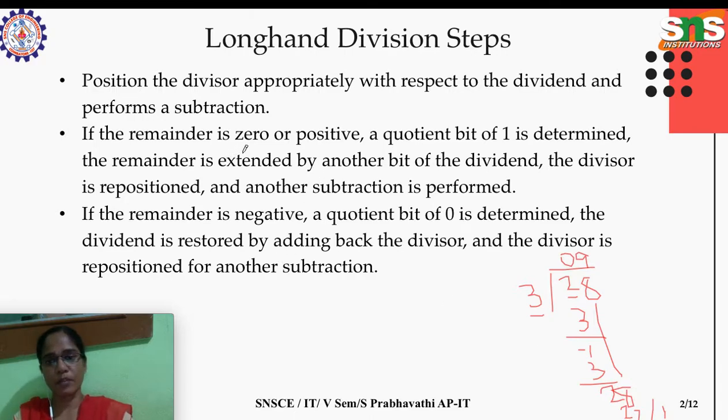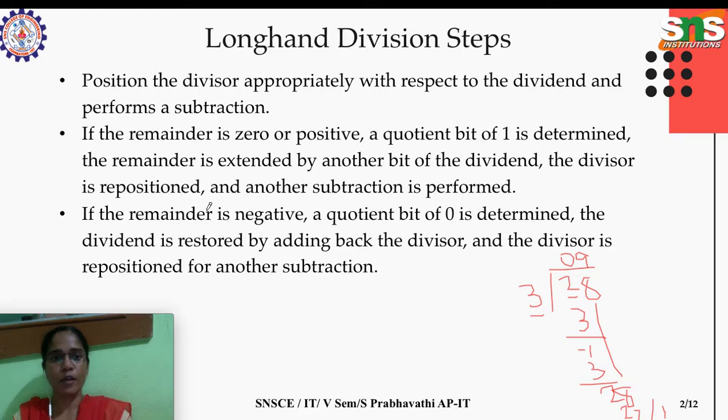If the number is 0 or positive, we will have the quotient. Here I am representing in decimal numbers, but in the machine everything is zeros and ones. So put the quotient as 1, and the remainder is extended by another bit. Take another bit from the dividend, the divisor is repositioned, and subtraction is carried out.